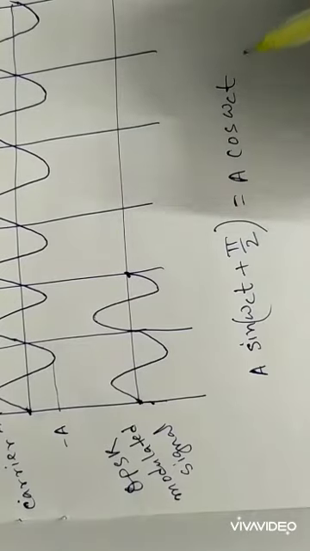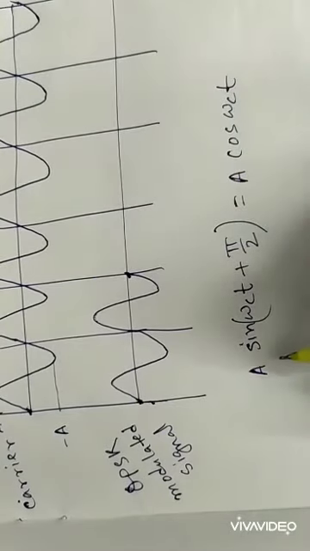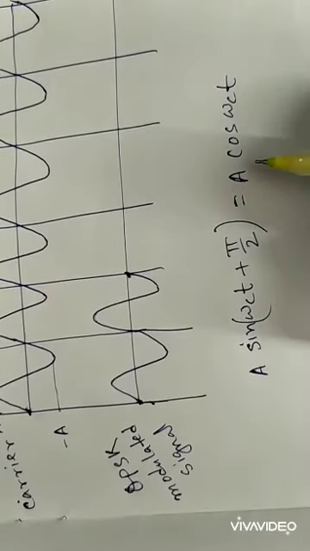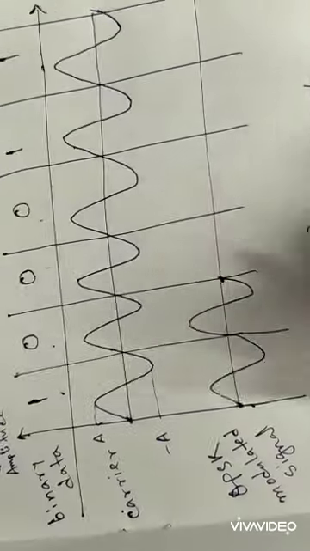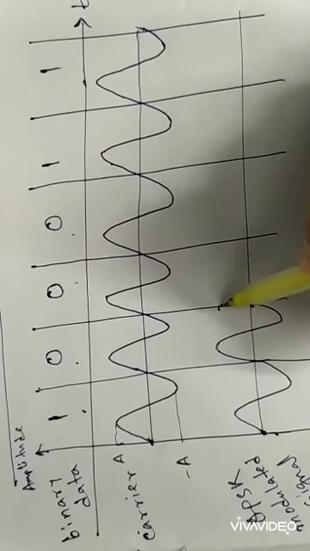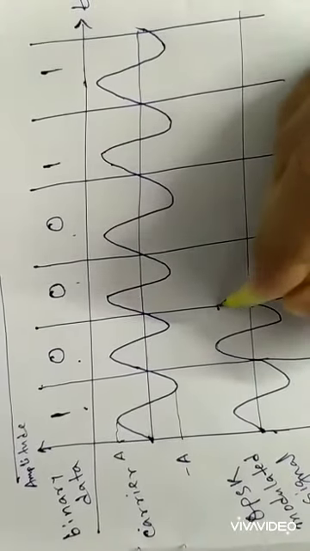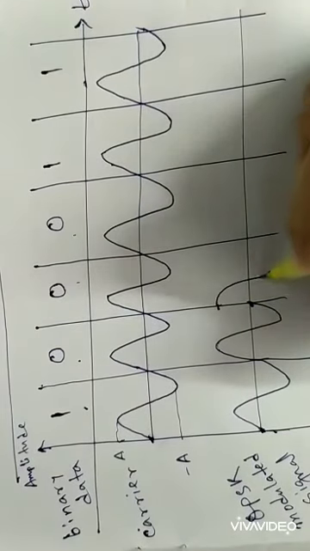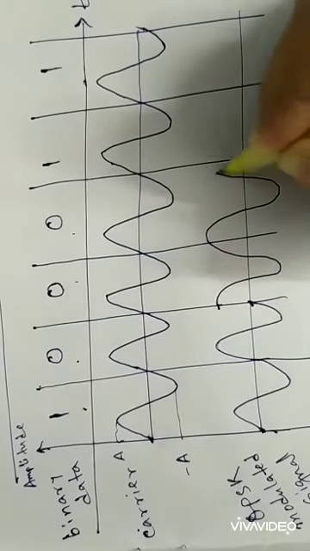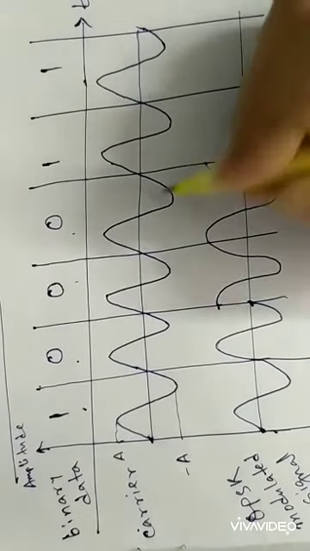And you know the amplitude change between A sin omega ct and A cos omega ct is capital A. So here this signal starts from here. So now we have 0, 0.